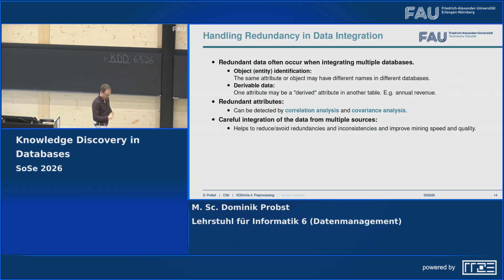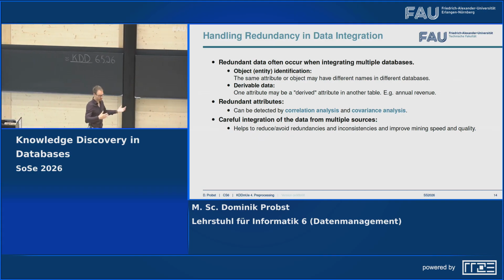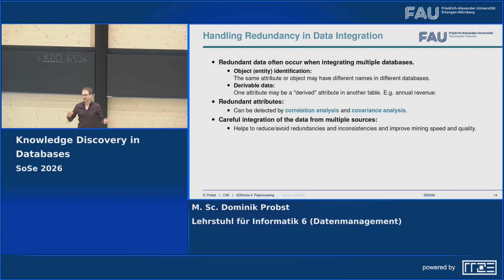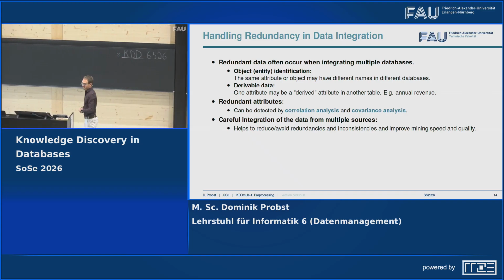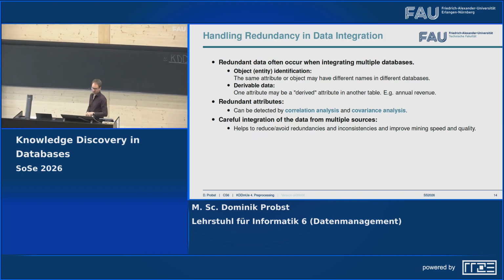Redundant information might also lead to real-world entities that are the same not being identified. For example, if we have Bill Clinton and William Clinton in the database, it might be a redundancy that we want to avoid.